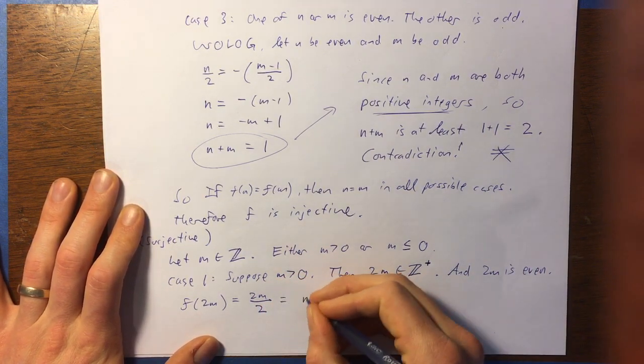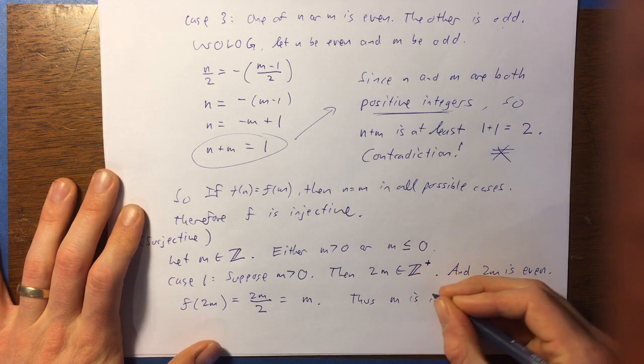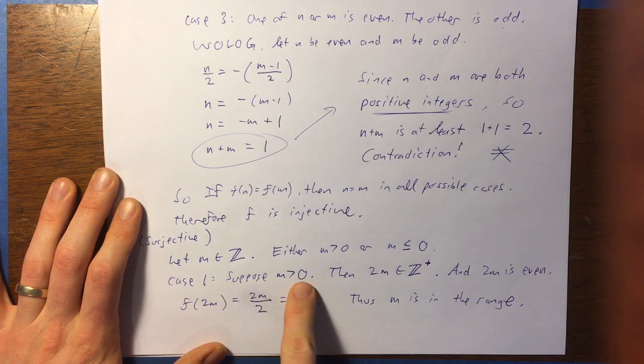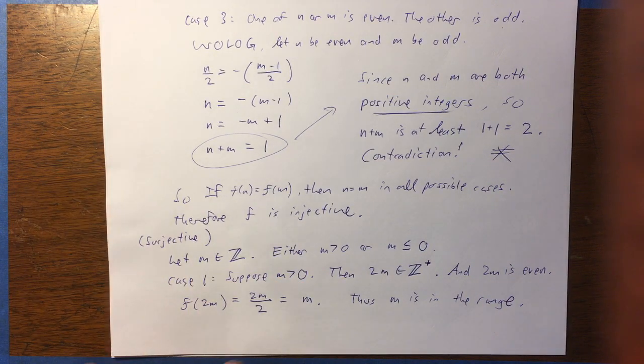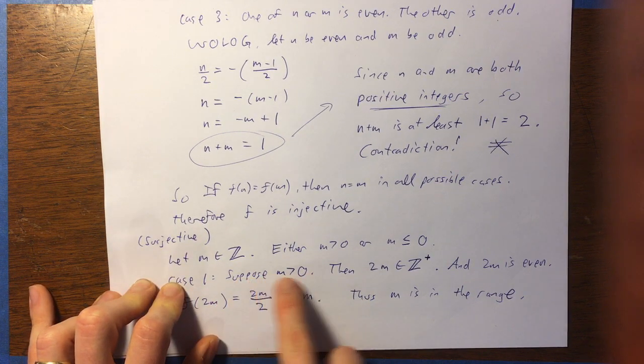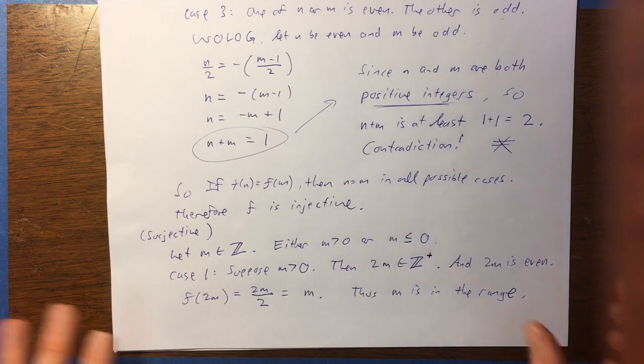And that is going to equal m. So thus, m is in the range. Since m was an arbitrary positive integer, anything that's a positive integer here is going to be in the range. So that covers case 1. We're good there. So now let's move on to case 2.